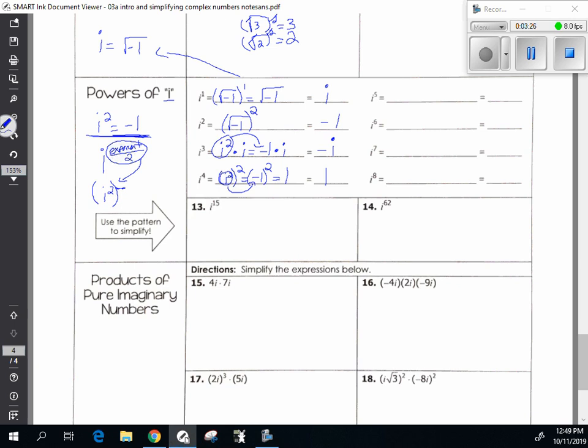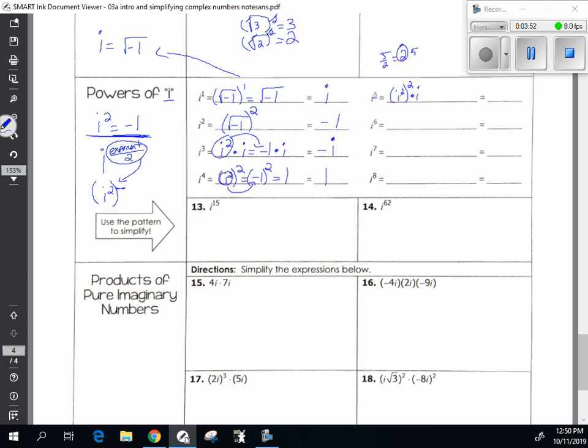Okay, so we move on to i to the 5th power. Okay, i to the 5th power, I take that 5, I divide by 2. I end up with 2.5. Okay, so this right here, I know I can write my i squared. There are 2 i squareds in i to the 5th. So right now I have 4. But I want 5 i's, so I know I have an extra i here.